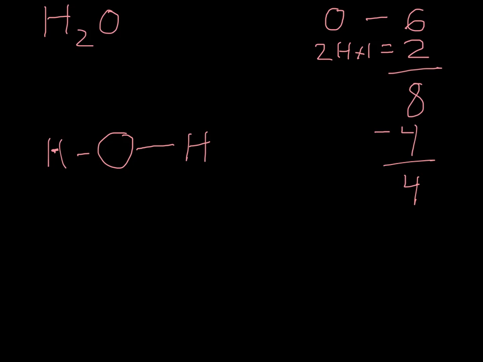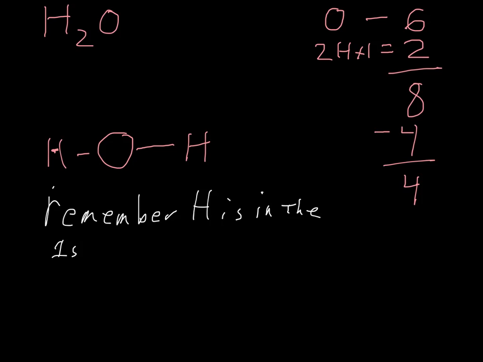Now I want to complete the octet on my outlying atoms. Right now, hydrogen has 2 electrons, and it turns out that makes hydrogen happy. Remember, hydrogen is in the first period.